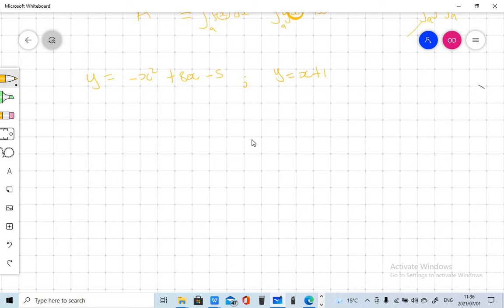What we have to do first is to find the points of intersection, i.e. the point where y is equal to y for the two graphs. So assuming this is y1 and y2, the point where y1 in the first graph is equal to y2, which is the y for the second graph. In essence, you're just equating the equations.